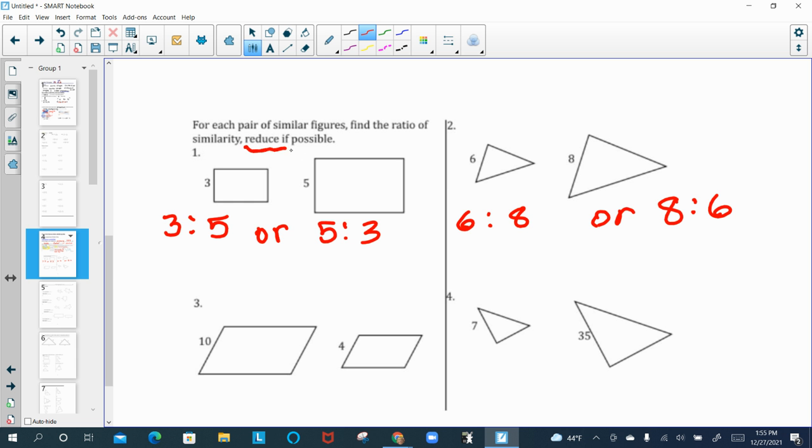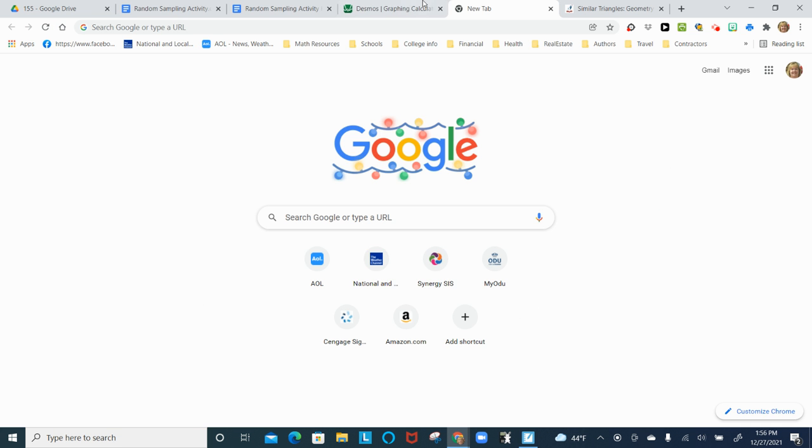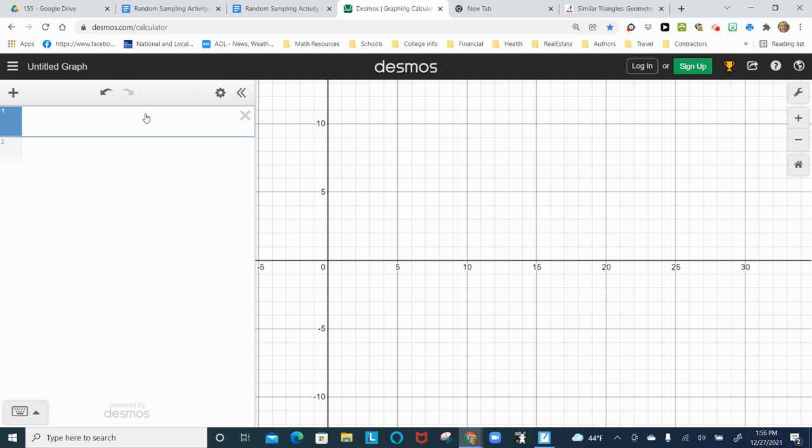Now it says here that we should reduce if possible. So here we have a 6 to 8. Well, how could we reduce that? I think the way that we could reduce that is to look at it as if it were a fraction. And check it out in Desmos. If we type in 6 to 8, we get 0.75.